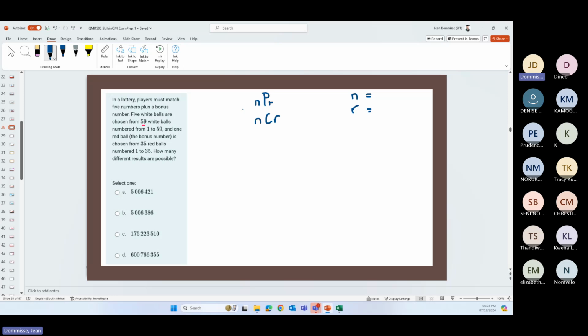The permutation one, they tell us, is n factorial divided by n minus r factorial, and the combination, also on the formula page, is n factorial divided by n minus r factorial times r factorial.